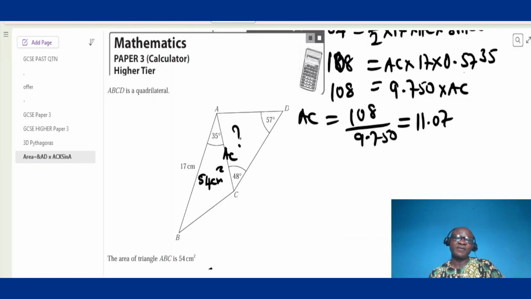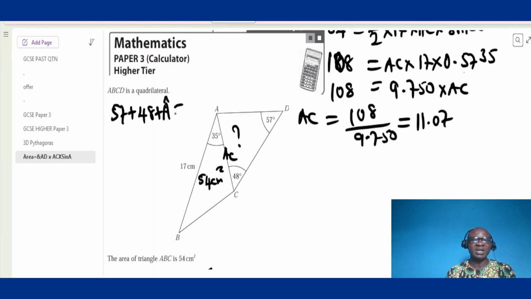For me to find the area as requested, the area of triangle ACD, I need two sides also. But before I go on, kindly see that in this triangle ACD, I am given two angles, 57 plus 48, but angle A is not given to me there. The sum of angles in a triangle is equal to 180, so I can find it now. 57 plus 48 is 105.